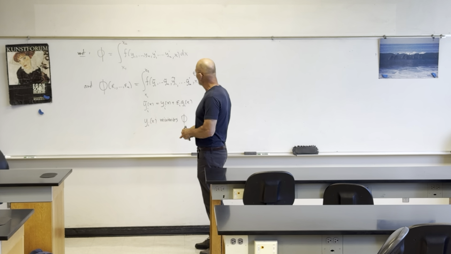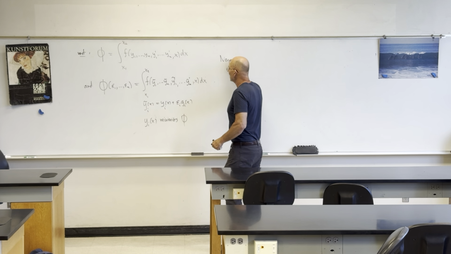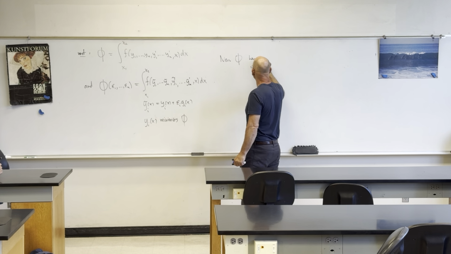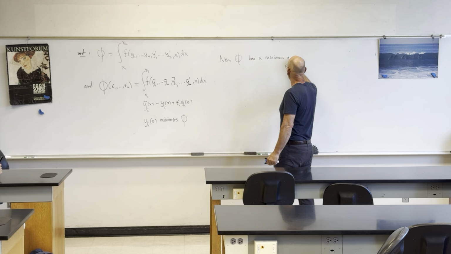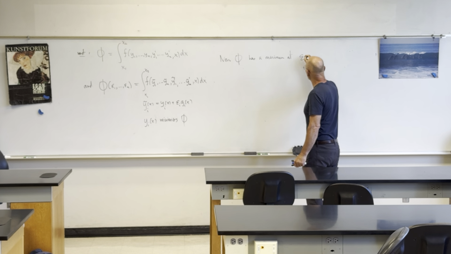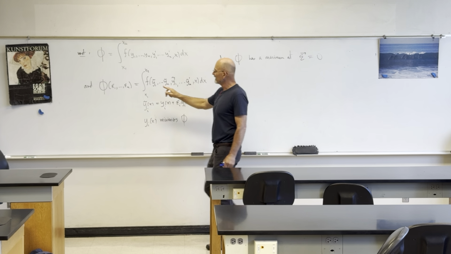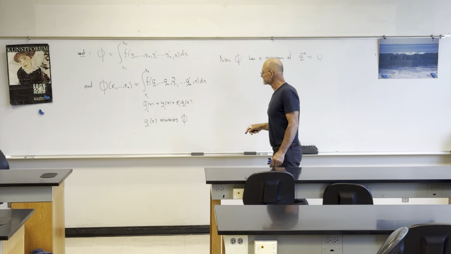But what we're going to say is that this phi has a minimum at, I'm going to write vector epsilon equals 0. In other words, all of these individually equal 0. Same construction.